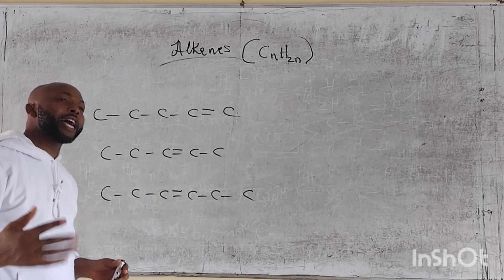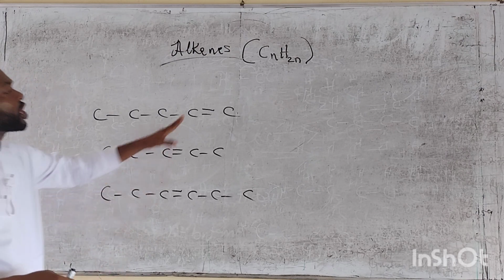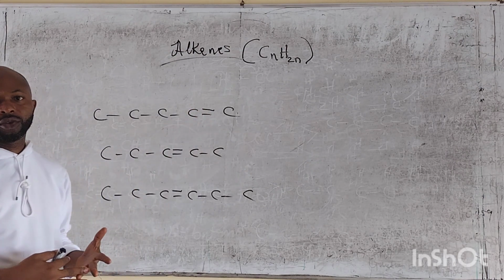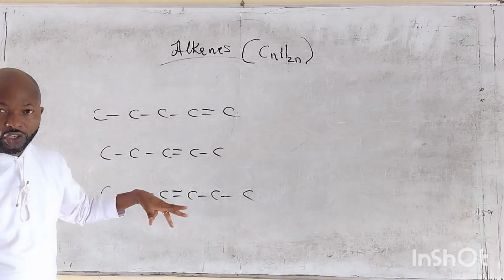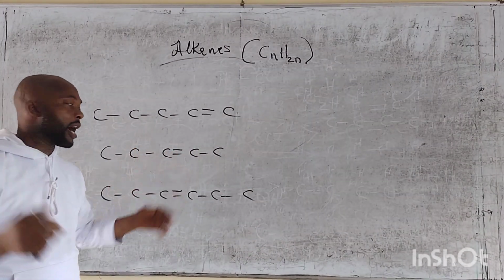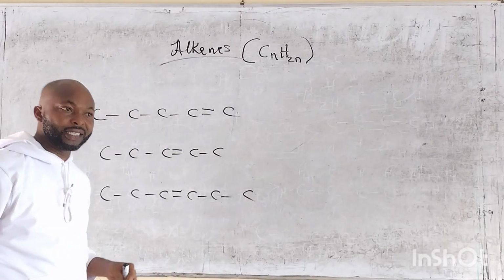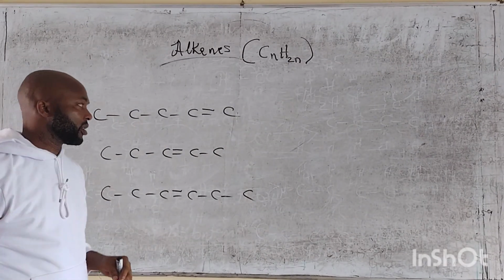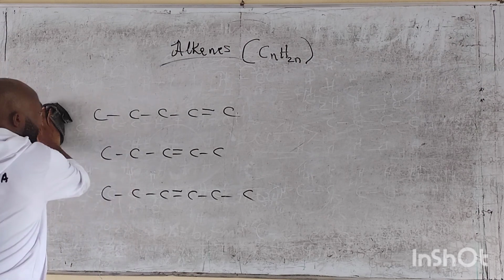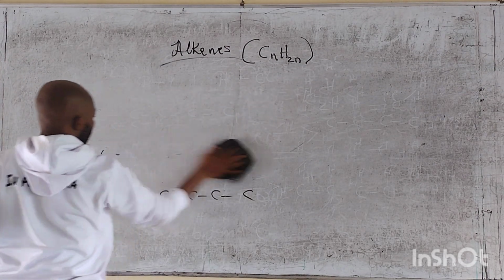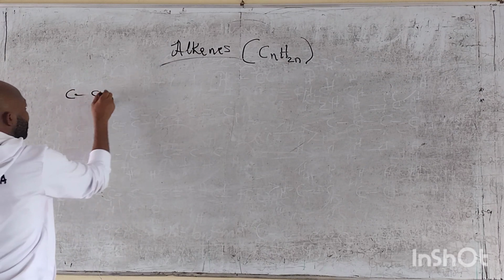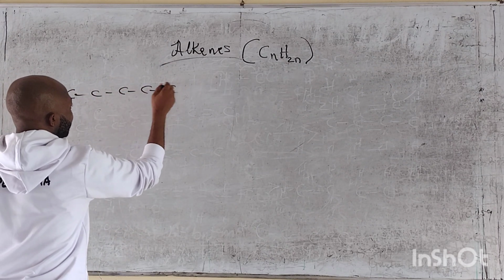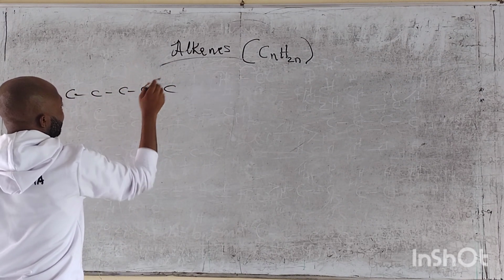Now, structural isomerism has to do with the structure. Take note, the position of the double bond gives us positional isomerism. Let's take structural isomerism. Let's take an example of that. So I have a compound 1, 2, 3, 4, 5. This is pentene.